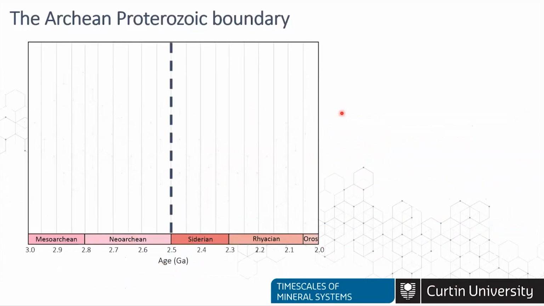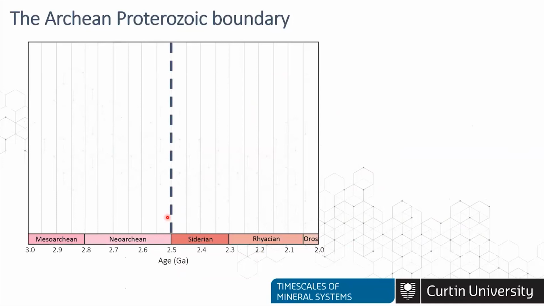So, as mentioned, the focus of this talk is on the Archean Proterozoic transition, which per definition is at 2.5 Ga. And as I already mentioned, this time period of Earth history was characterized by a number of secular changes, some of which may have had implications for the long-term habitability of Earth.